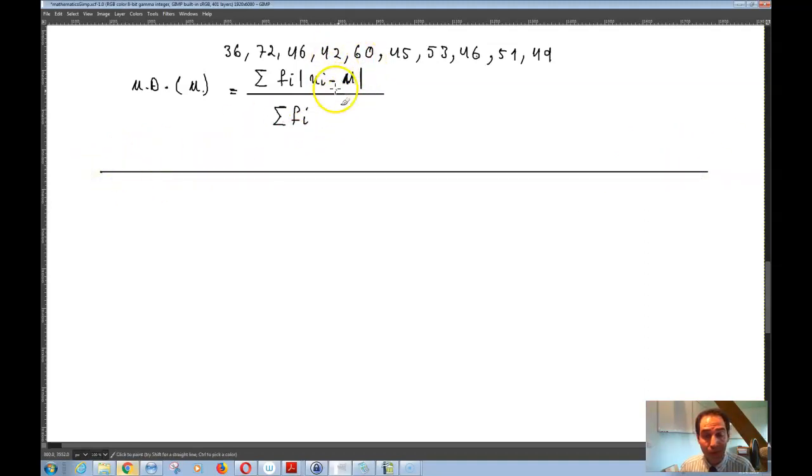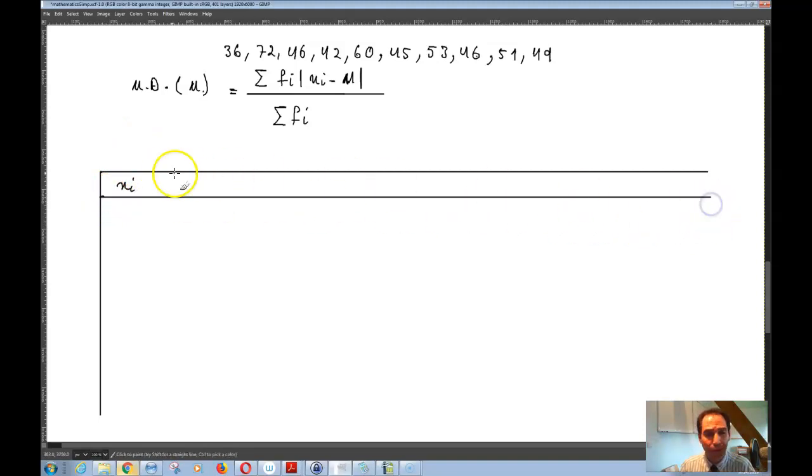Actually, the median, not the mean but the median. I can write my x of i's over here in ascending order.